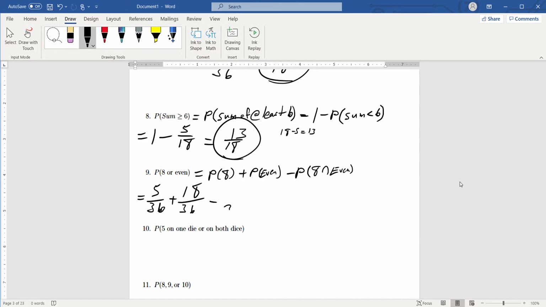Now, since I'm rolling 2 fair die, my denominator would still be 36. By 36, I'm looking for the sum equaling 8, and that's an even sum. So let's find out how many that is. So sums being 8, right here. So this is going to give me an 8.